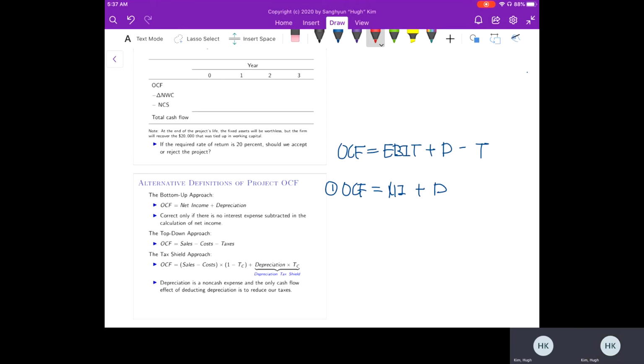The second alternative definition is the top-down approach. As the name implies, we start from the top line, which is sales, and then you subtract costs and taxes.